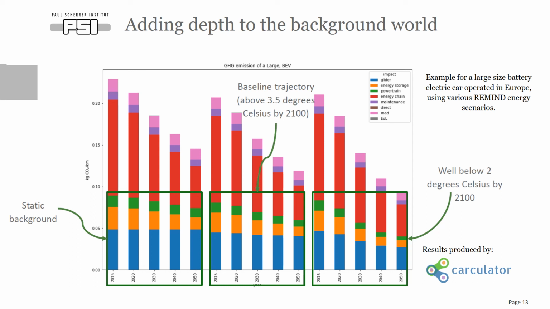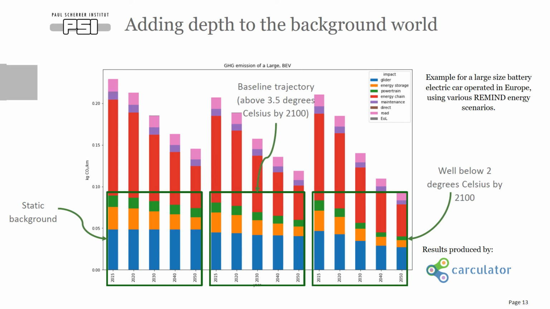And then on the right segment, we follow a very ambitious scenario where we try to keep the atmospheric temperature increase below 2 degrees Celsius. This involves in the background a certain amount of carbon capture and storage. It involves quite a high taxation on CO2 to promote some CO2 efficient technologies and so on.